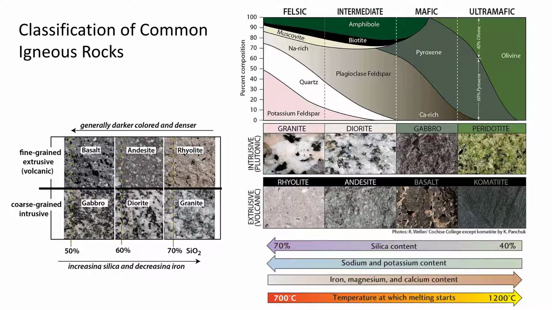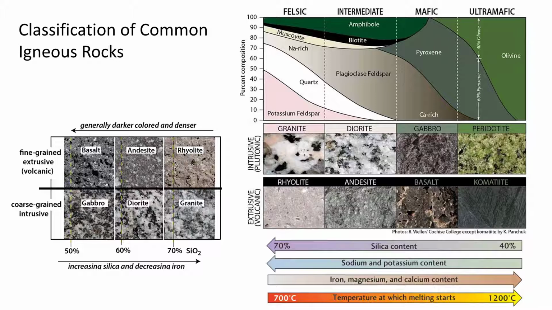On the intrusive side, we have felsic granite, intermediate is diorite, gabbro is mafic, and peridotite is ultramafic. And on the extrusive side, you can see rhyolite, andesite, basalt, and komatiite.